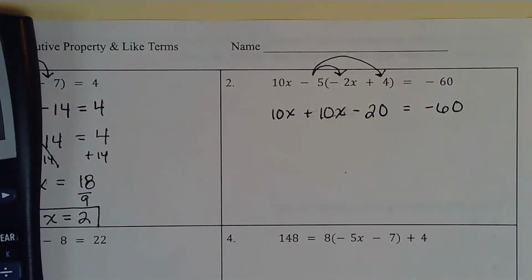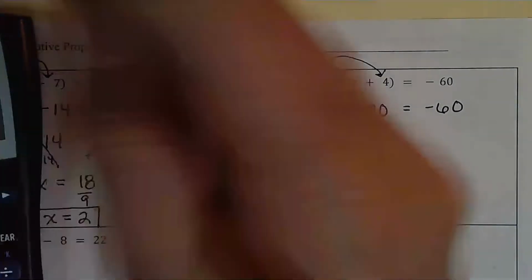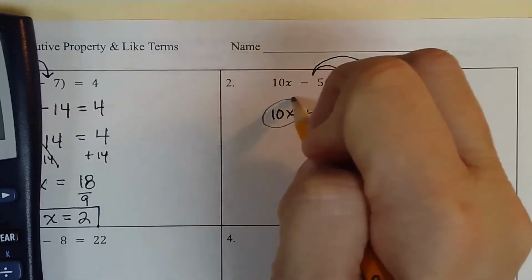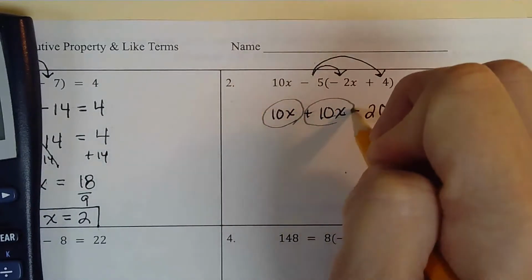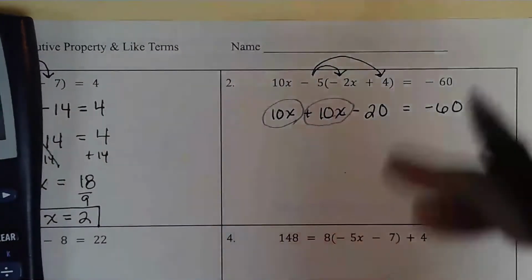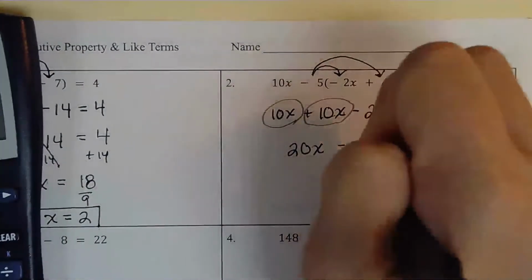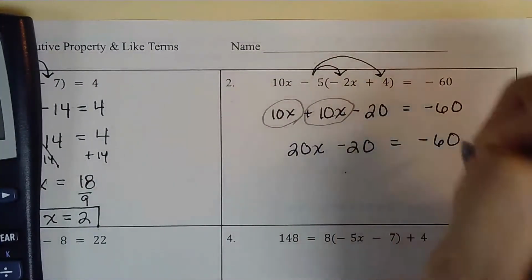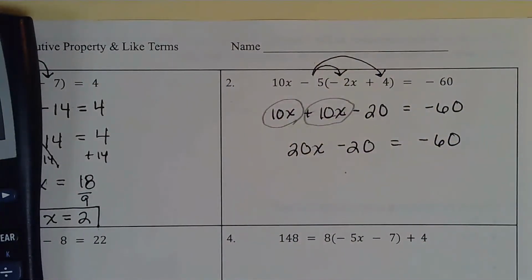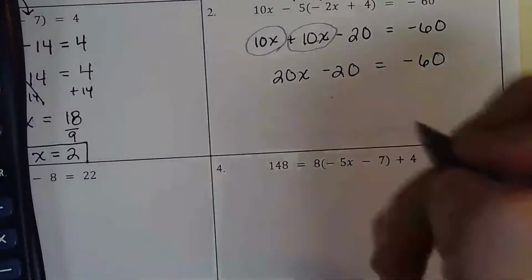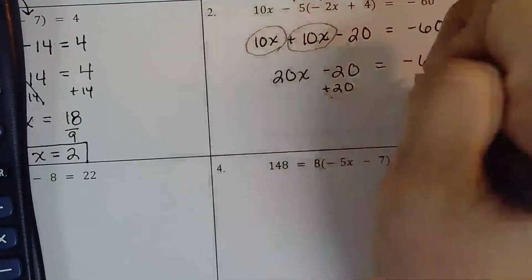Okay, next, let's combine like terms. So we have two terms that have an x, a 10x, and a 10x. 10 plus 10 is 20x minus 20 equals -60. Now, two-step equation to solve. We want to get rid of -20, so I'm going to add 20.